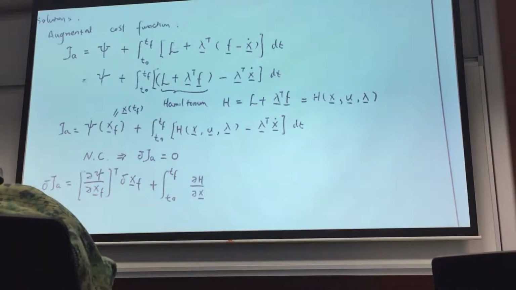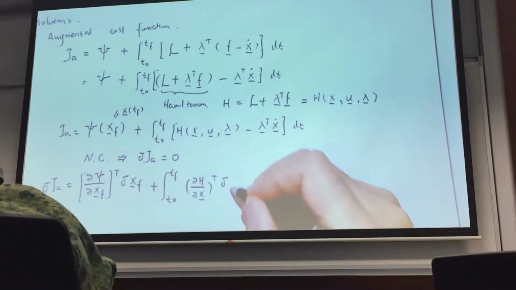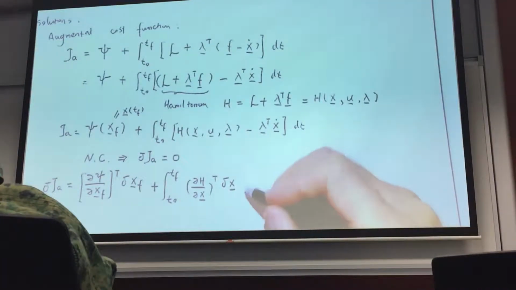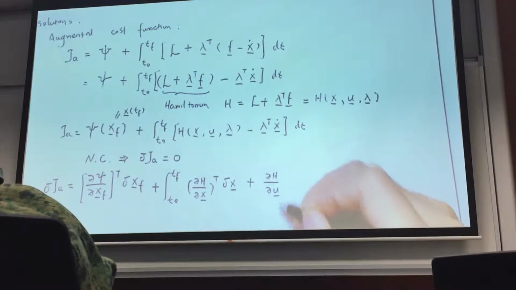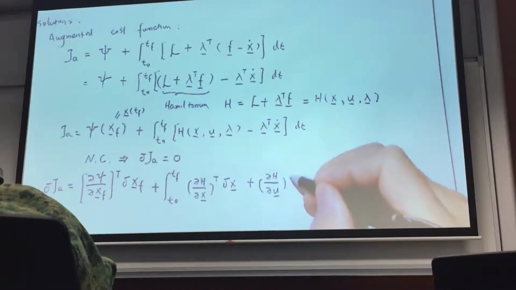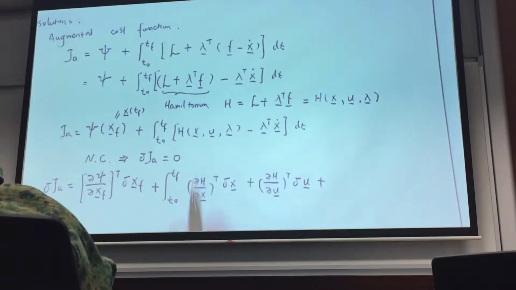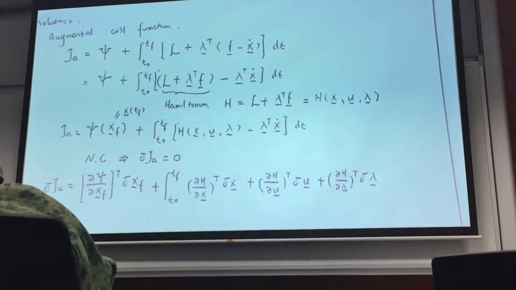So the first one, dH/dx transpose multiplied by delta x, plus dH/du delta u, plus the third one, dH/d lambda delta lambda.